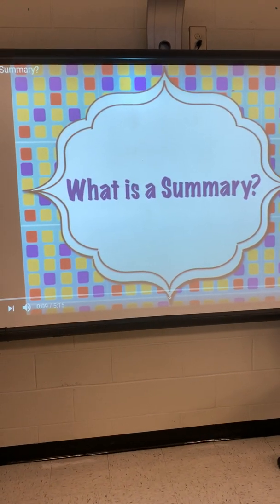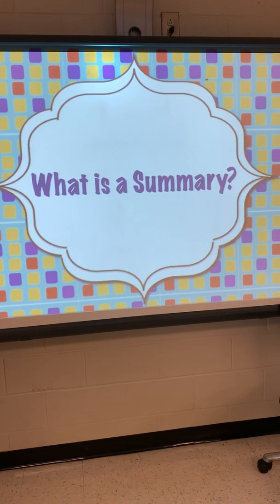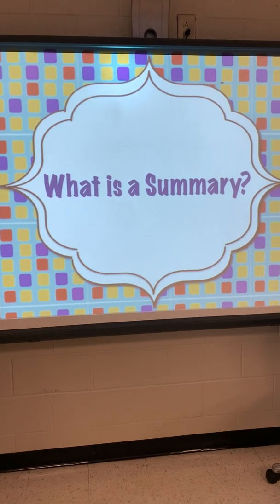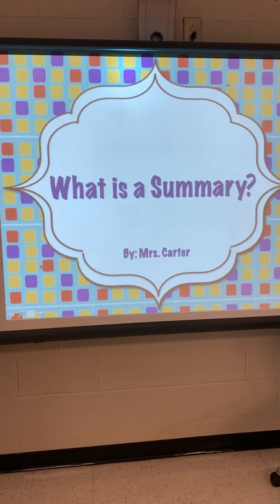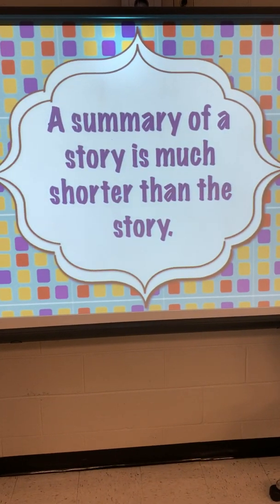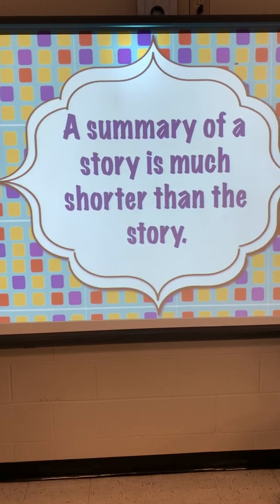What is a summary? Summaries can kind of be a little confusing, so we're going to go through some steps and see if we can figure out what a summary is. A summary of a story is much shorter than the story. You're not going to want to read the whole story to see what the story is about.